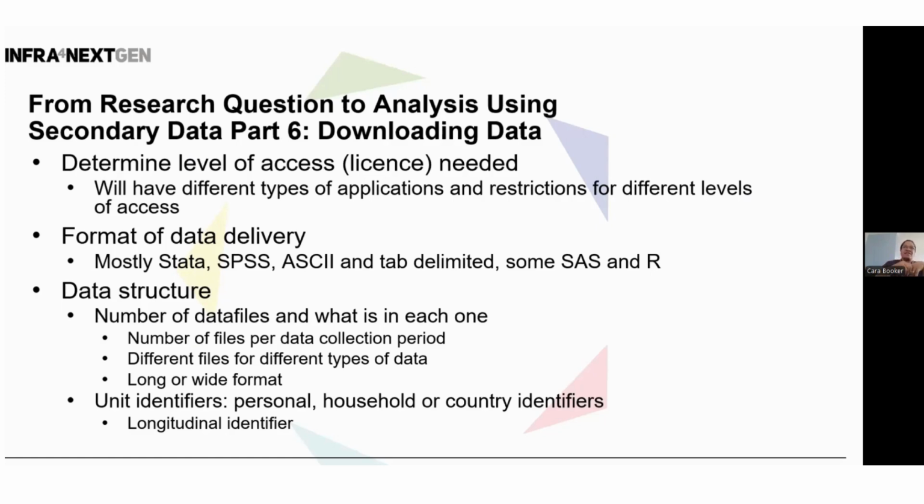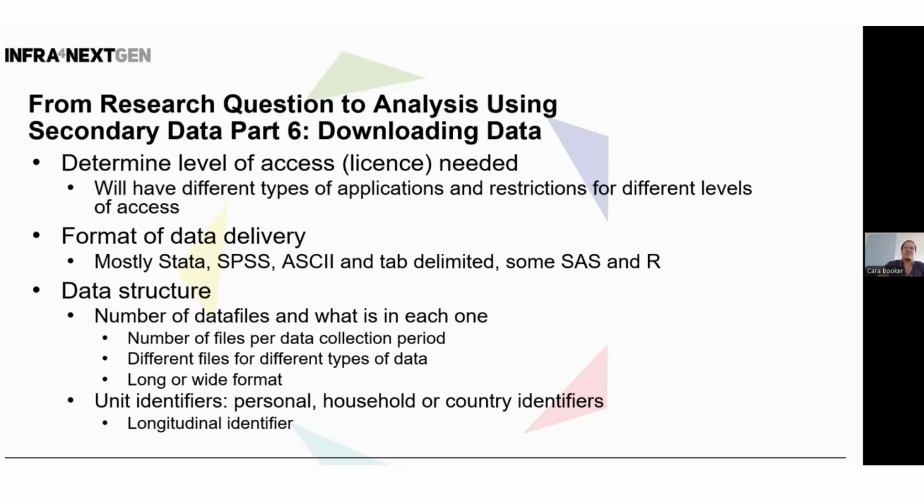The format of data delivery: usually when you go into an archive, you can choose what format you want the data delivered to you. Mostly it'll be in Stata, SPSS, or ASCII, or some kind of tab delimited. Sometimes, depending on which data archive you get, you can get a SAS file or an R file. You need to look at the data structure.